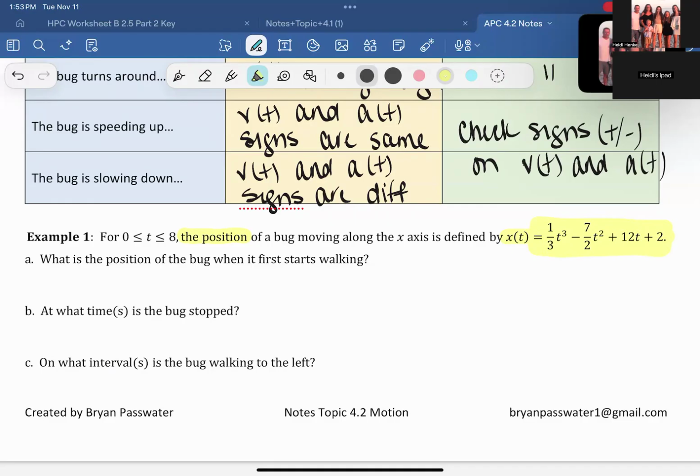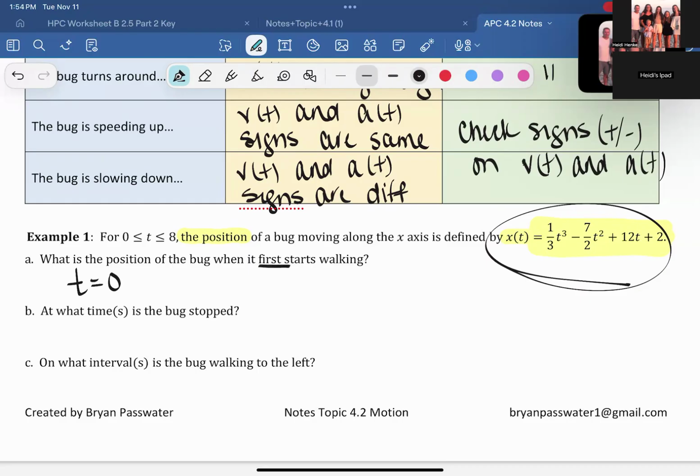Okay, the first question: what is the position of the bug when it first starts walking? We're asked for position, so we're going to use the position equation. And I'm asked specifically when it first starts walking. That tells me time 0.